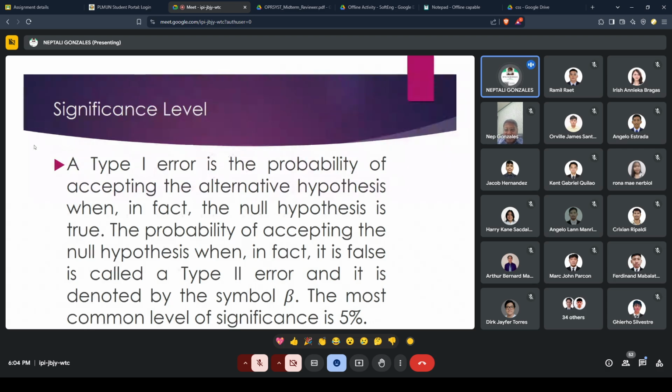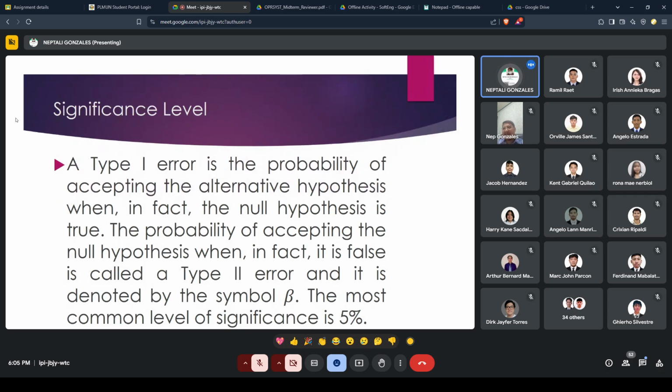The probability of accepting the null hypothesis when in fact it is false is called a type 2 error. That is the other type, and it is denoted by the symbol beta. The most common level of significance is 5% or 0.05. In the table, it is always 0.05, but in the description, you will say that the significance level is 5%.